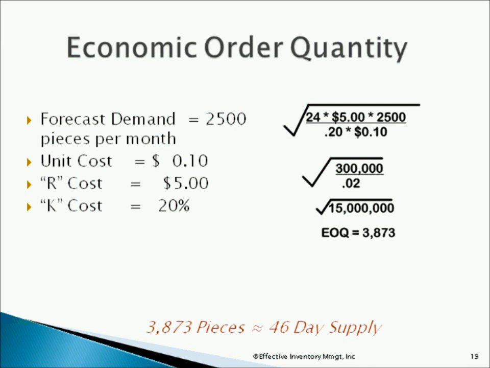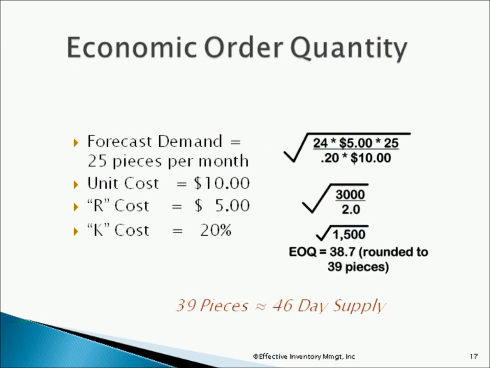Now, remember that first example where I was buying a 46-day supply when the unit cost was $10? Well, I am buying the same number of days supply when the unit cost is 10 cents. Why? Because the economic order quantity does not vary by the unit cost of the item.